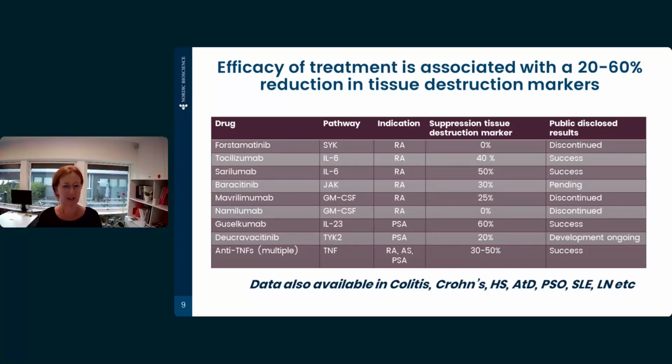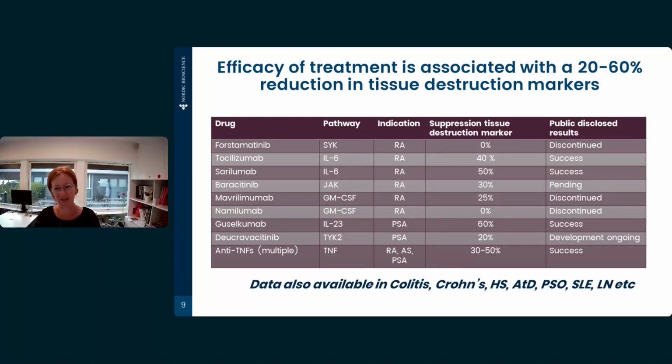We could see that we need to significantly reduce the level of tissue destruction to actually see a positive outcome for some of these drugs. Otherwise, potentially, it is not good enough. So tissue is important in RA. I think that's the message I want, and it is important in other inflammatory diseases, including other rheumatic diseases.